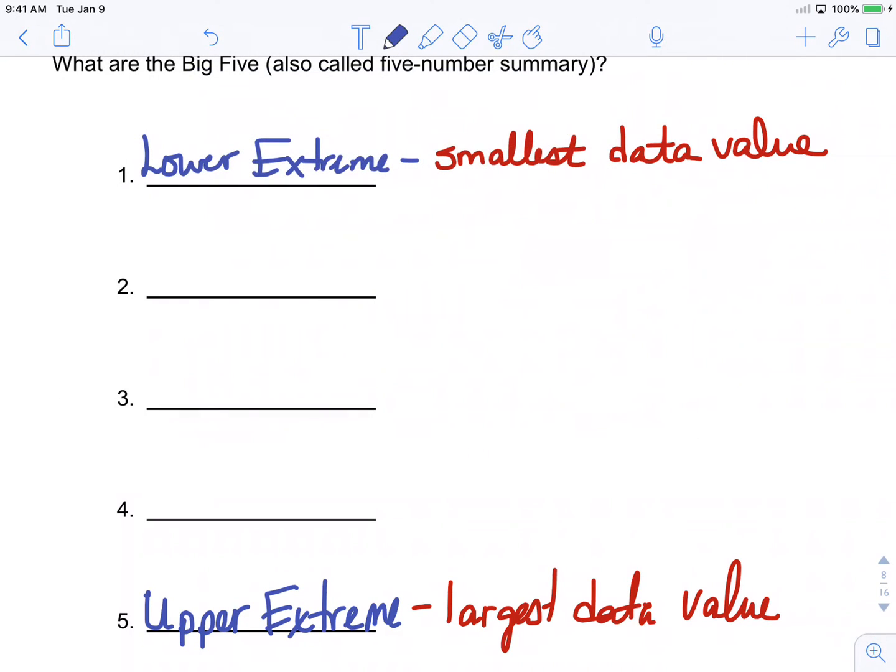I'm going to go in the middle at number 3. We are going to graph the middle value, which is the median.